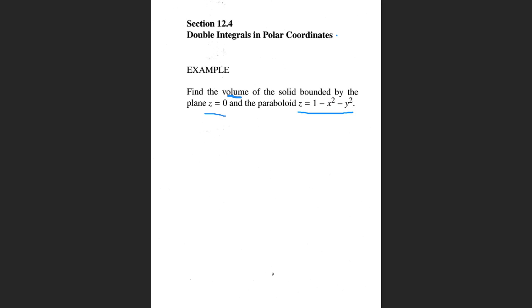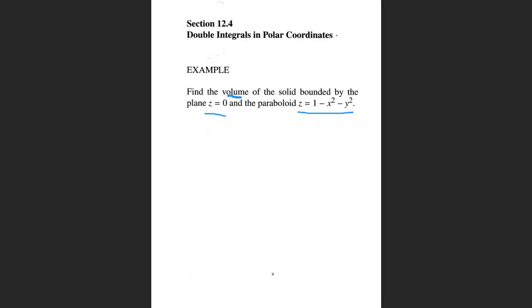Because we have to have a picture of what's going on here. A paraboloid is a bowl shape, right? Does the bowl open upward or down? That's right, Norina. That's right, Lexi. It opens downward.